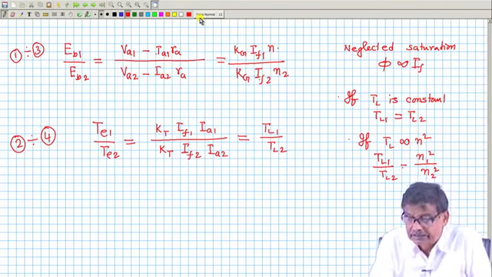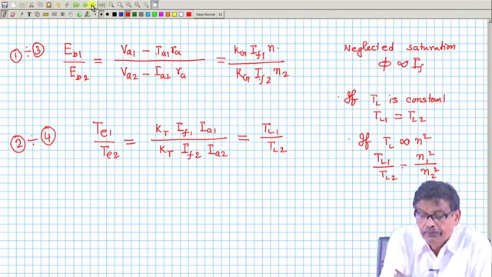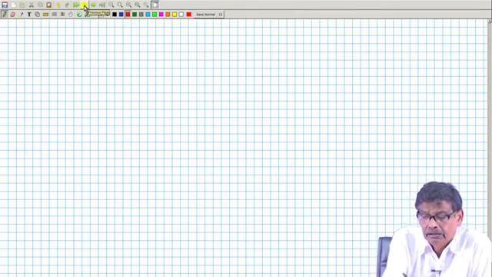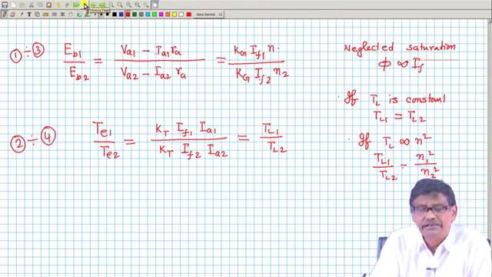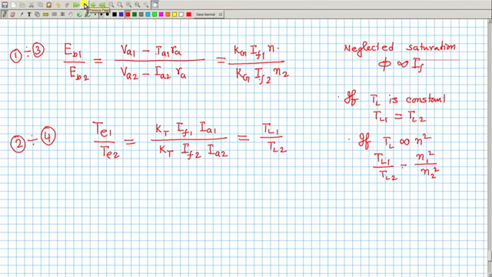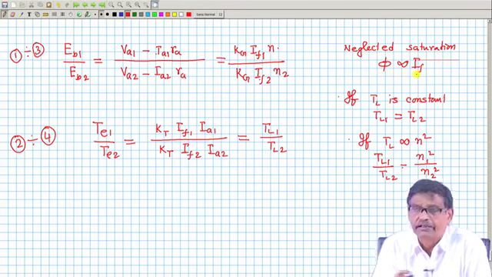So, with this in mind, you can start solving several problems in DC machines by using these two equations, provided phi is proportional to IF.